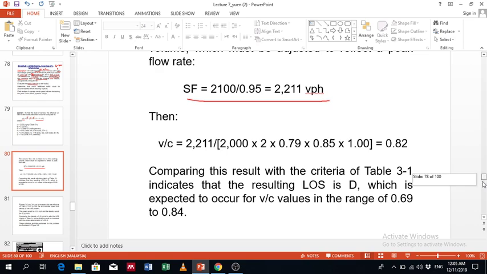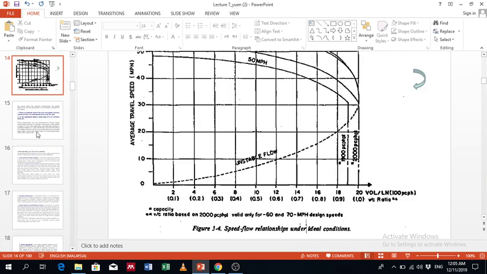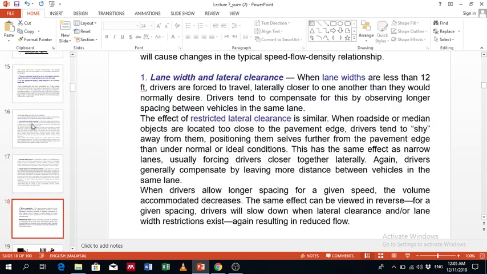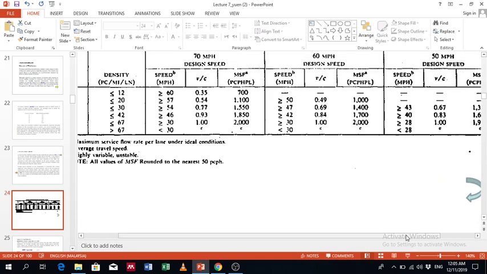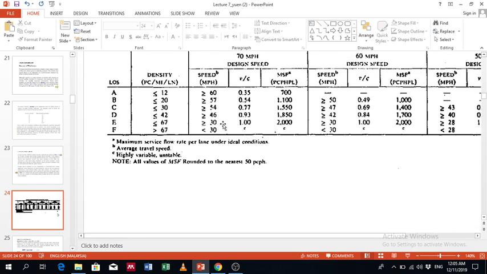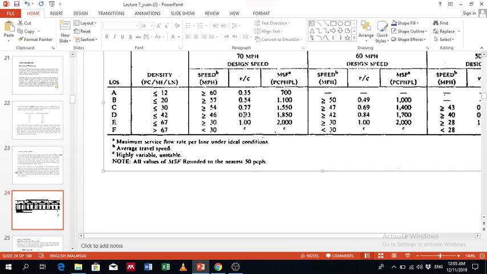If you go to table 3.1, referring to table 3.1 here, let me zoom in. V over C is 81% or 82% if I don't mistake. So it is between C and D, so we have to consider it as level of service D. So the level of service for the current highway is equal to D. All right.